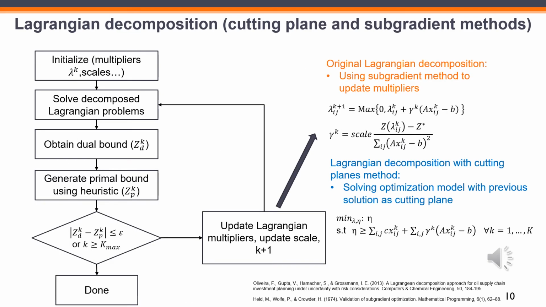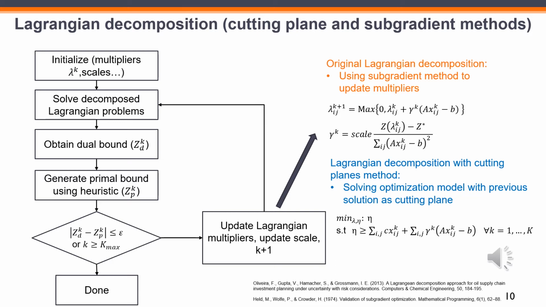Here is a general scheme of the Lagrangian decomposition on the MILP of the random forest. We first initialize multipliers and scales, solve the decomposed Lagrangian problem and obtain the dual bound. Then we generate a primal bound using a heuristic, using the solution obtained from the dual bound as an input to our trained random forest model.